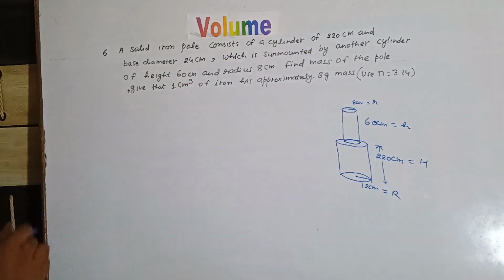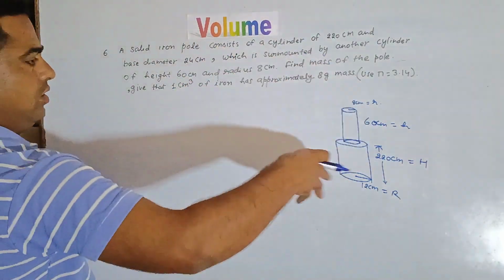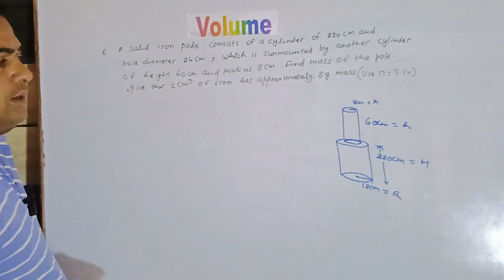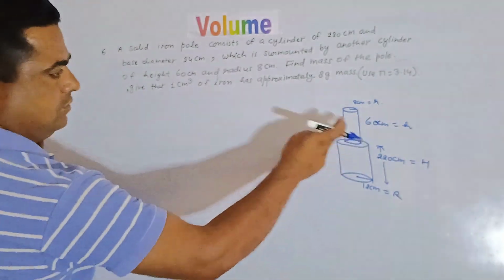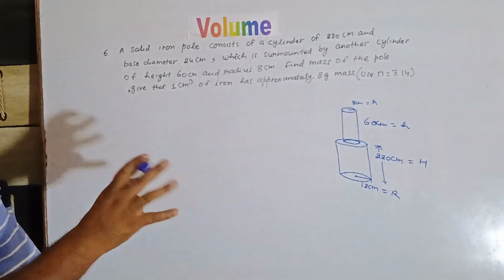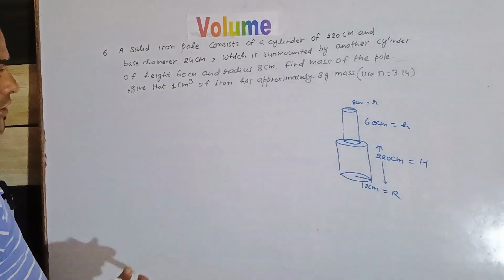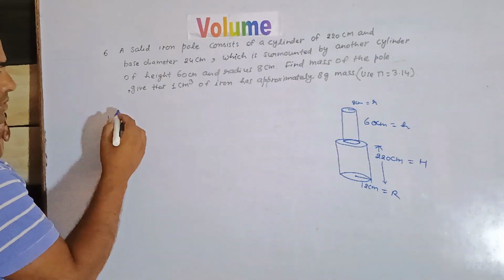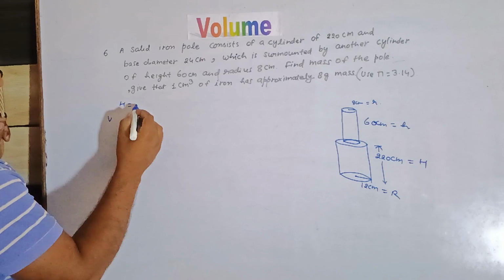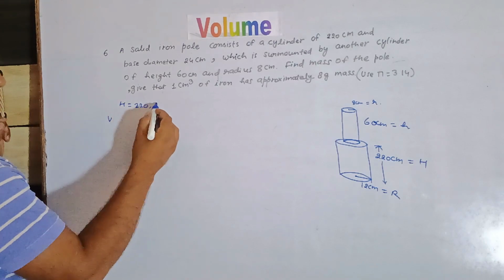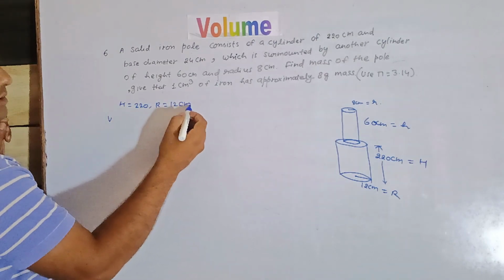Correct? Now you have to find the volume of this pole. Volume of large cylinder plus volume of small cylinder. You will add both the volumes because we have two shapes here. So for volume, we can write here capital H is 220 and capital R is 12 centimeter.